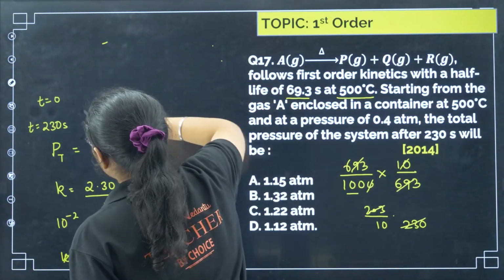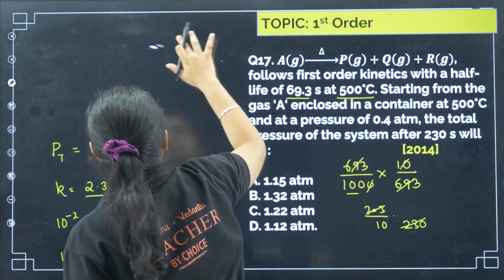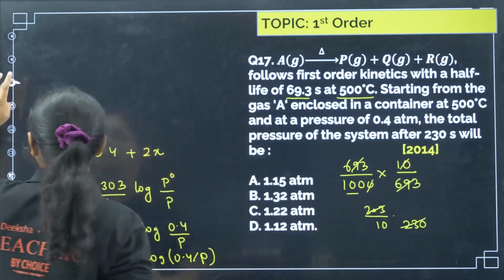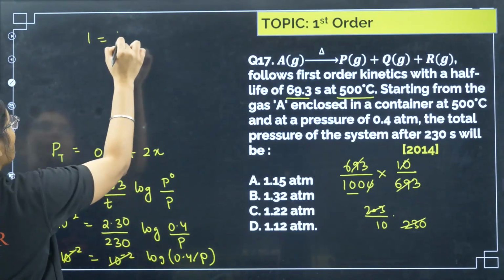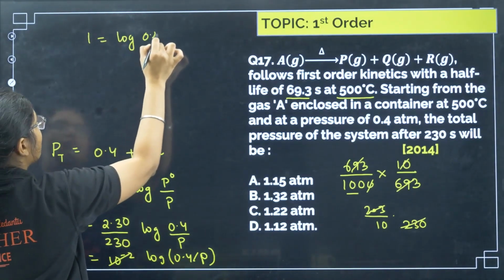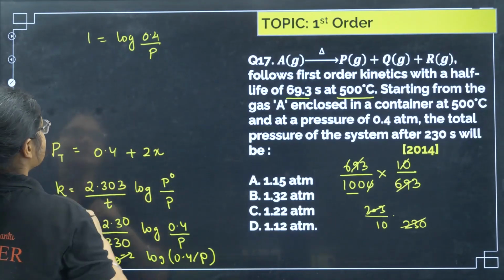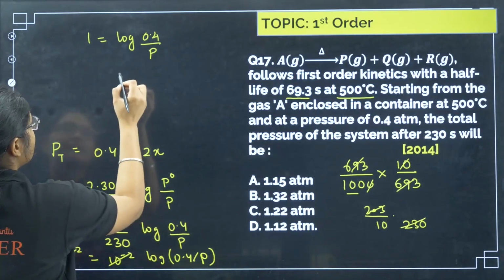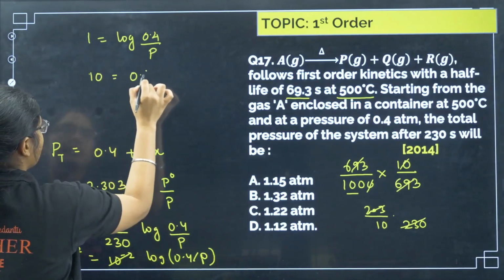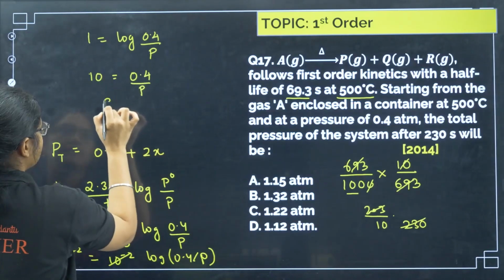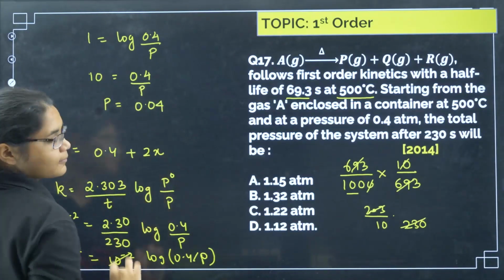Now I got log of 0.4 by P. That gave me a value of 1 equal to log of 0.4 by P. If I take the anti-log on both sides, 10 to the power of 1 will be 0.4 by P, so P will be equal to 0.04.